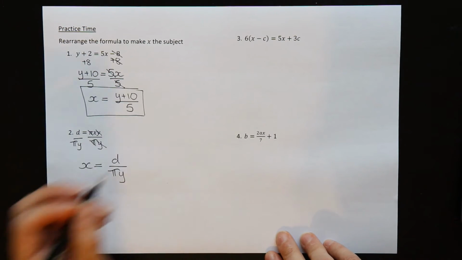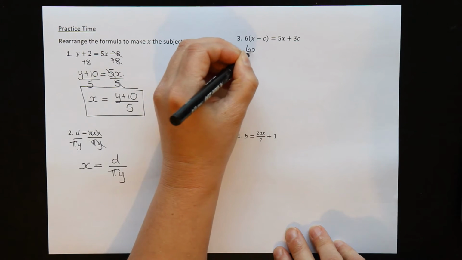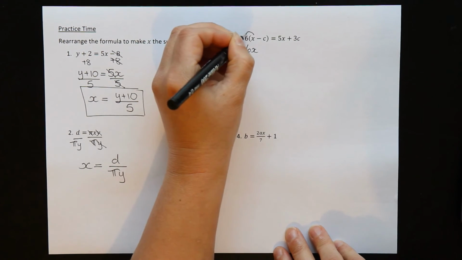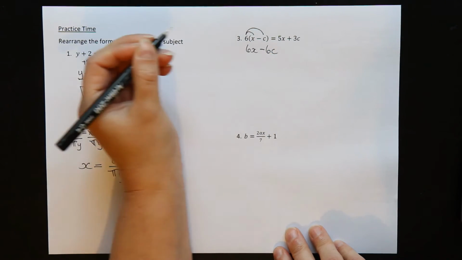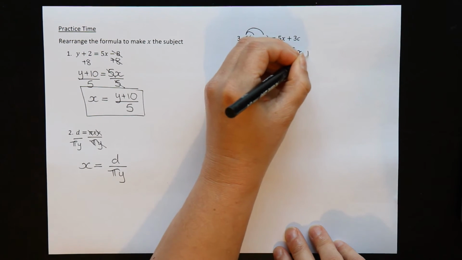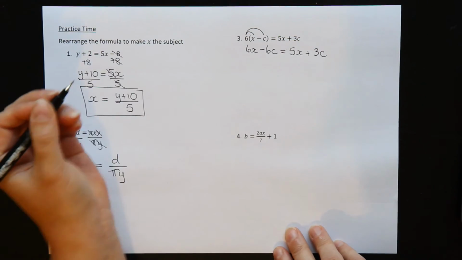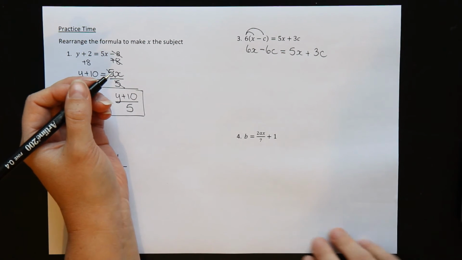Question 3. We have some brackets, so let's expand them out. 6x is the first bit, and then 6 times c, so minus 6c, equals 5x plus 3c. Now we have some collecting of terms we can do here.